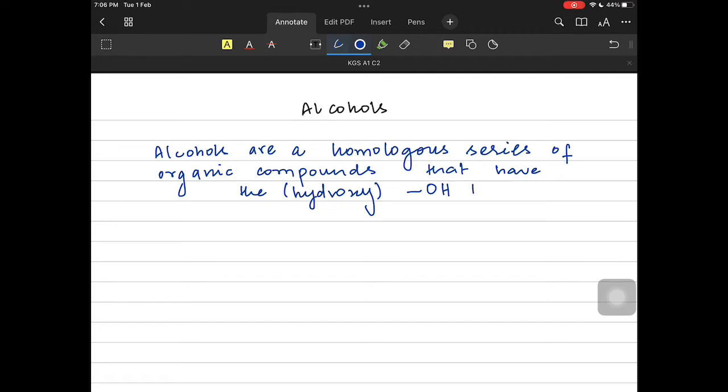This is not a minus in the beginning, it's a bond, so OH functional group. The line represents that OH will be bound to the organic compound. So OH is not a minus OH, it is a bond with OH. This is the hydroxy group. It is a functional group.